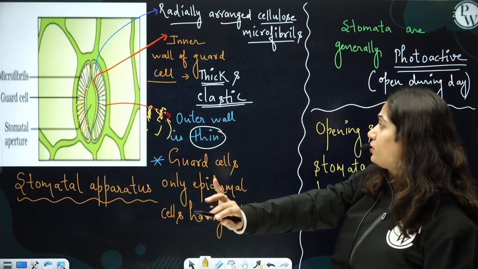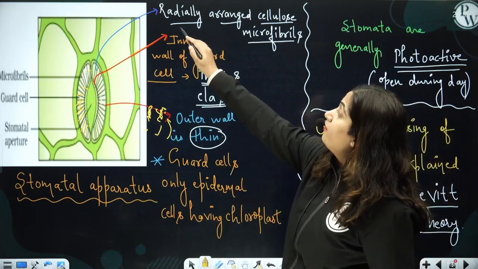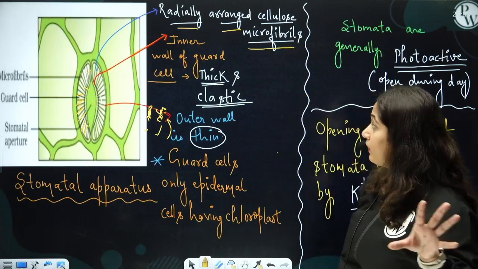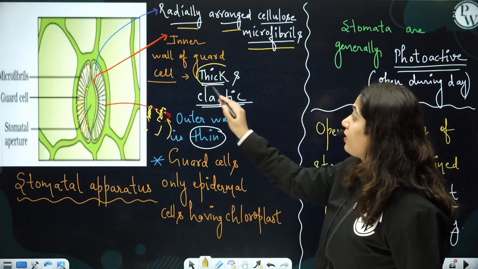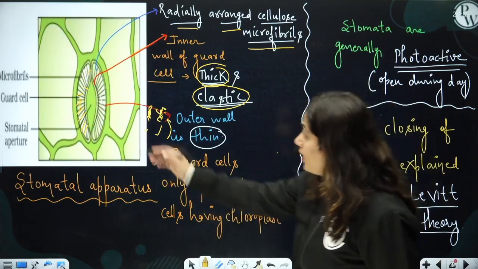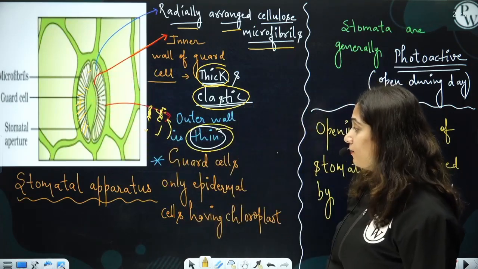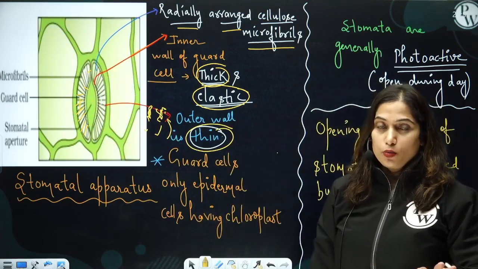So what is important here? These are the important points: the guard cells have radially arranged cellulose microfibrils. Then the inner wall of the guard cell is thick and elastic. Lines of NCERT, very important. The outer wall of the guard cell is thin, and in the epidermal cells there is no chloroplast.